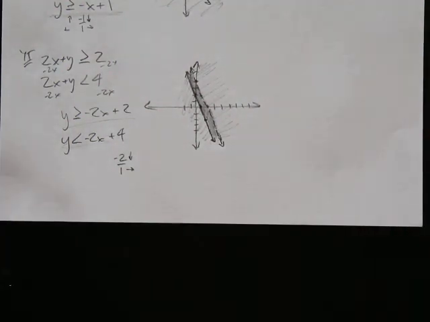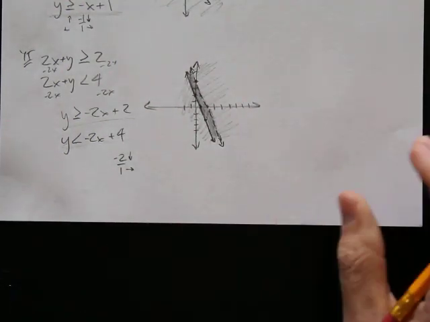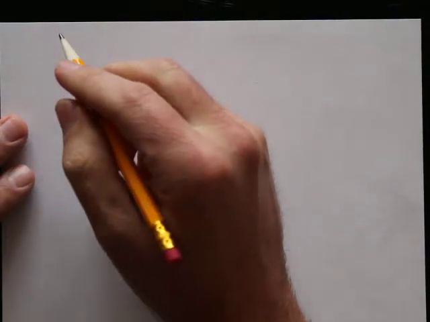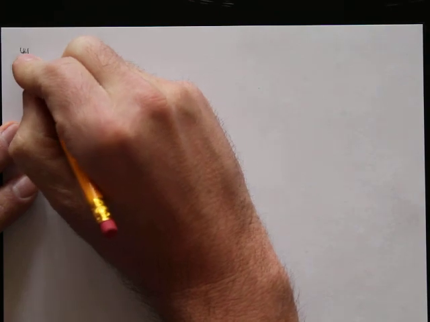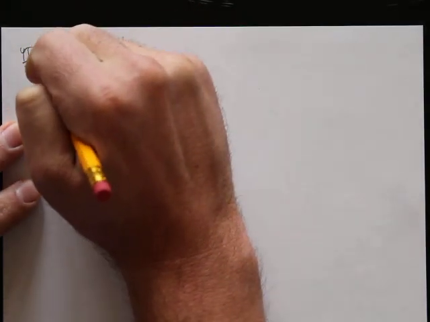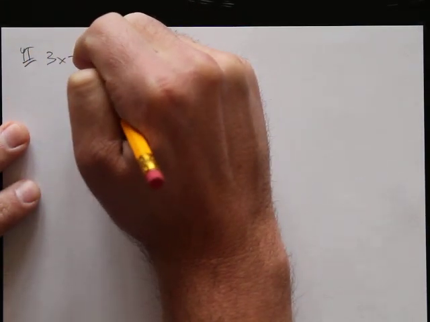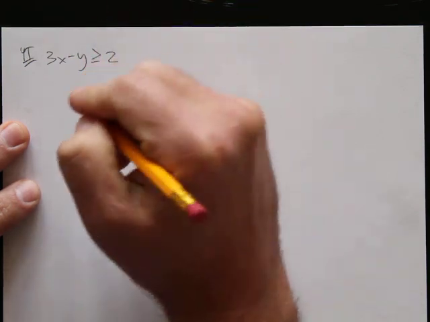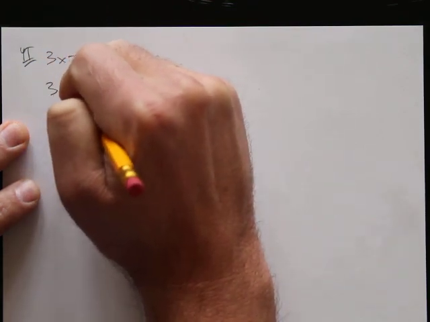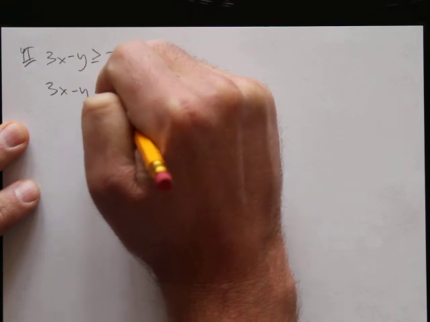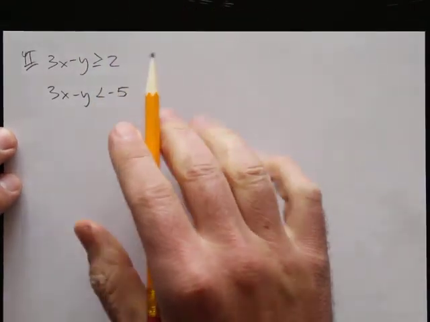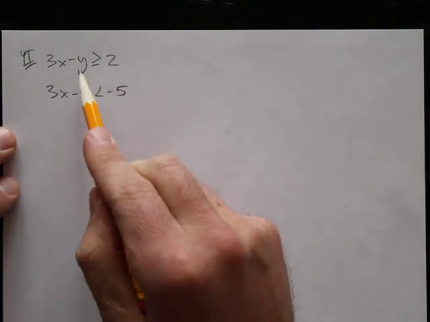All right, we're going to do 3 more. Another U try, all right. 3x minus y is greater than or equal to 2, and 3x minus y is less than negative 5. Okay, so you've got negative y's here, so be careful.